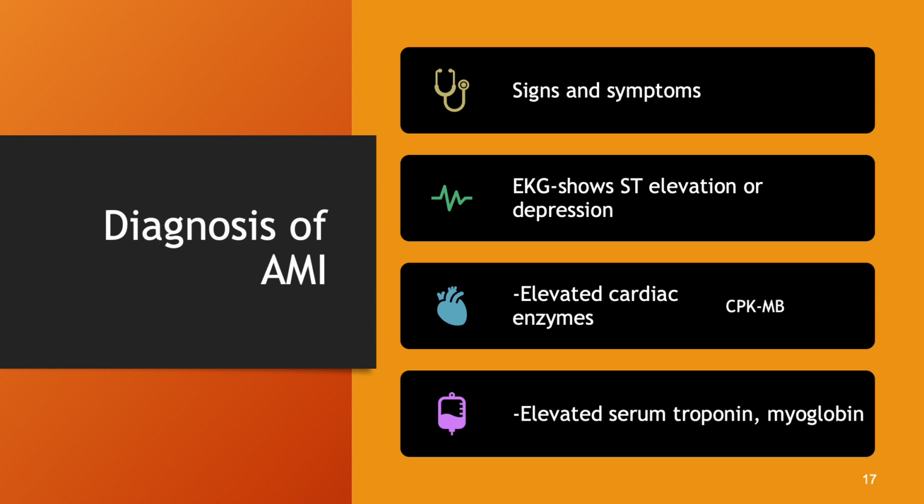We do lab work, which shows us if the cardiac enzymes are elevated, such as CPK-MB. We also look at BNP, troponin, and myoglobin. These will be elevated if there's a heart attack.